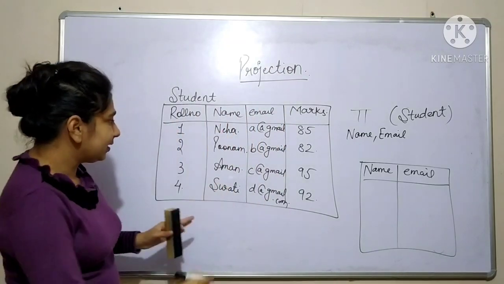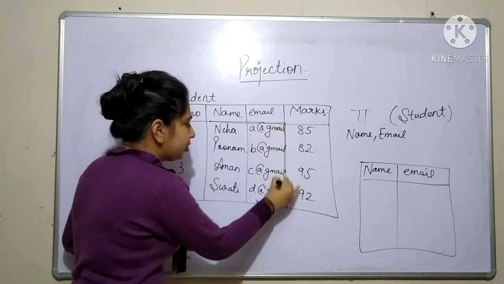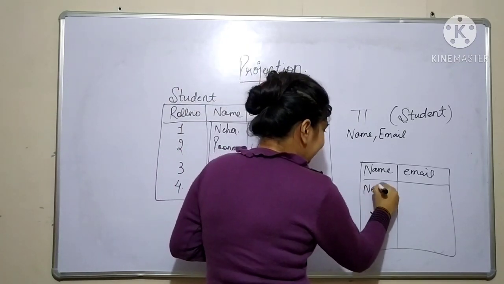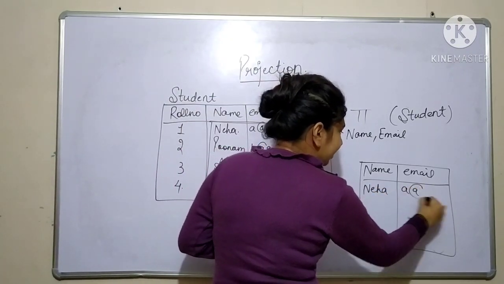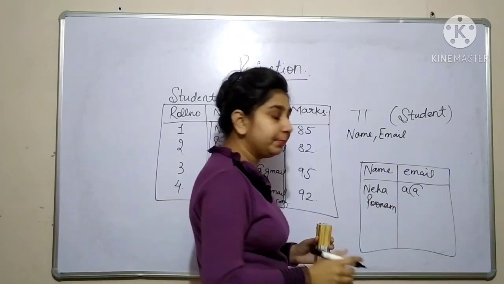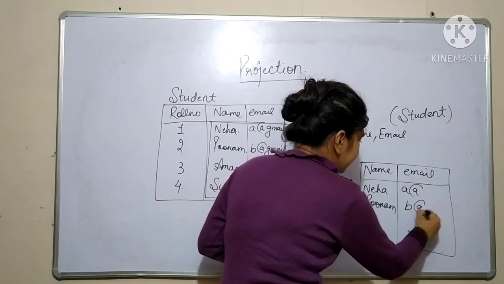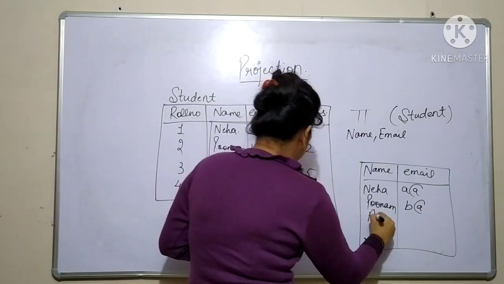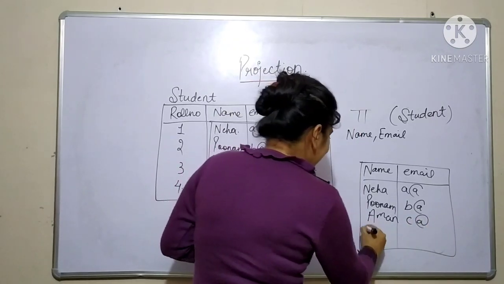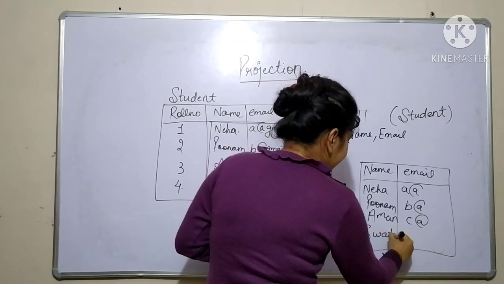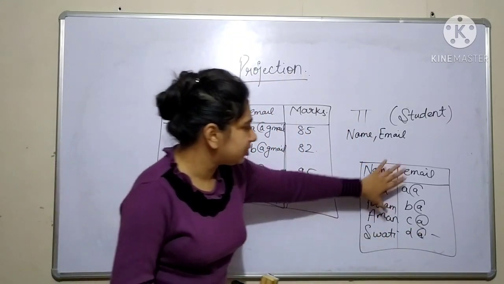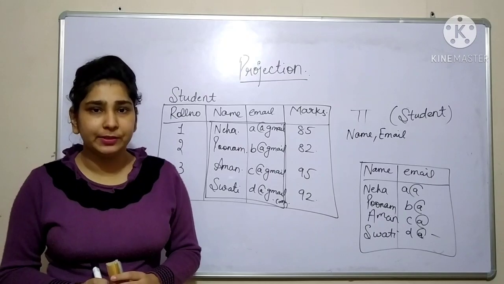All this information you will get in your output: Neha, a@gmail.com, Poonam, b@gmail.com, Aman, c@gmail.com, and Swati, d@gmail.com. So this is going to be our output.